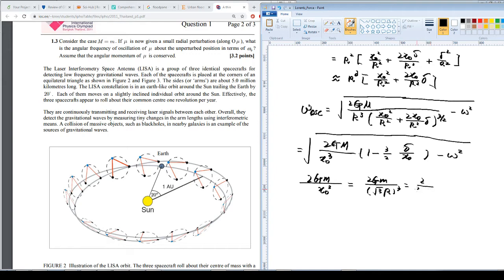So 2 over 3 root 3 gm over r cubed. But omega squared is one fourth gm over r cubed, which means we don't have to worry about the linear term. The linear term doesn't really matter.